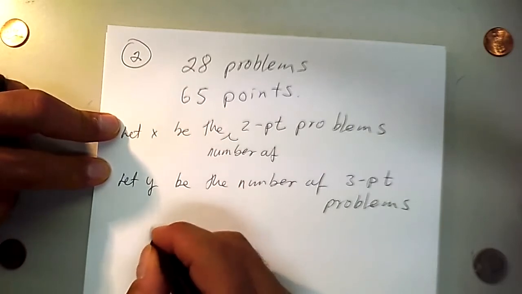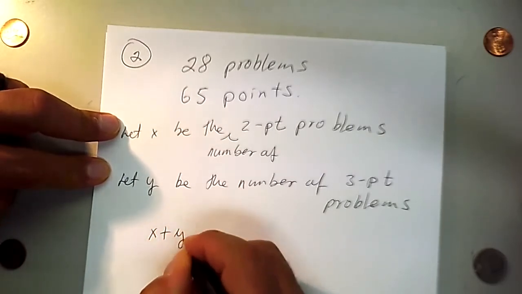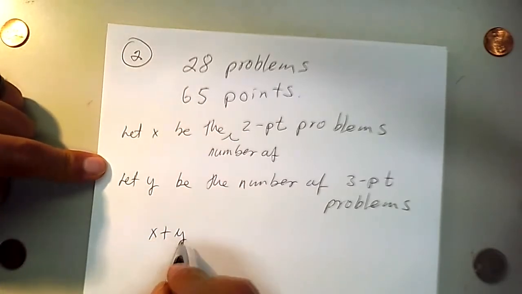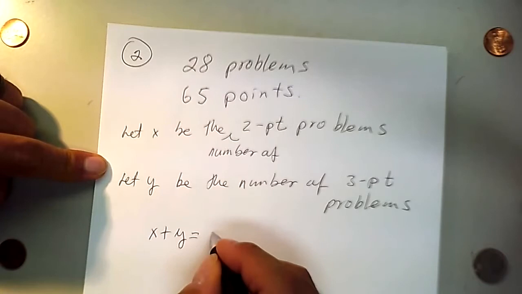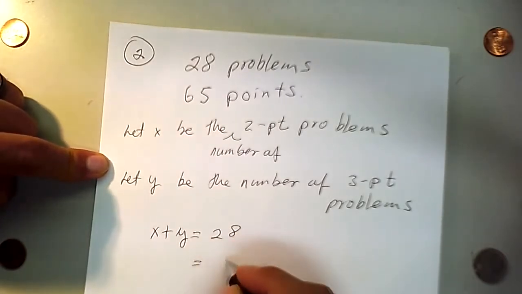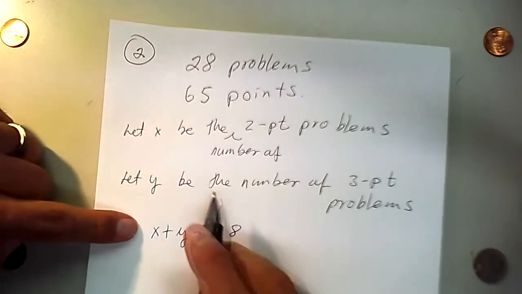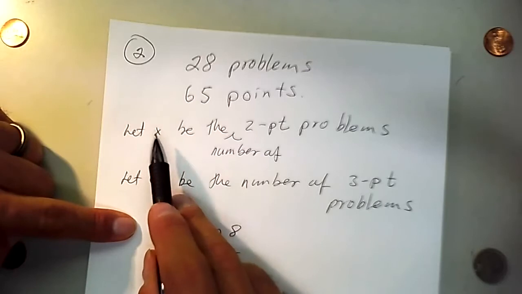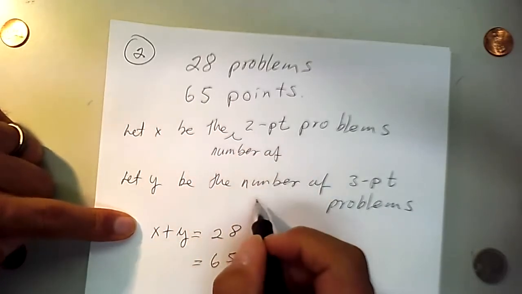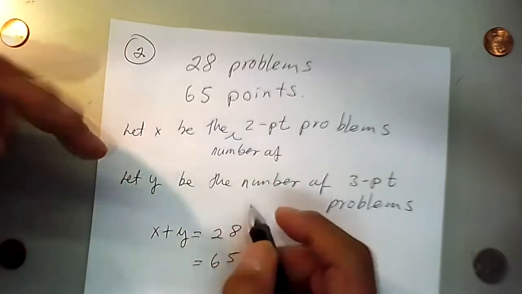So X plus Y, the number of problems that are 2 points plus the number of problems that are 3 points, all of them together should add up to 28 problems. Now, how do we compute the points? Okay, and that's why we have to write this down so we remember. X is the number of 2-point problems. So every X is worth 2 points.